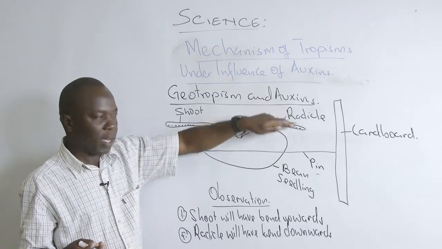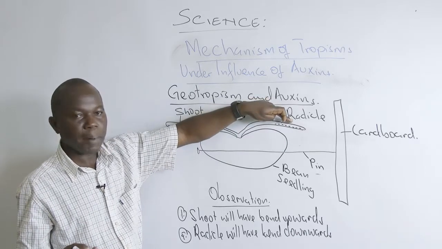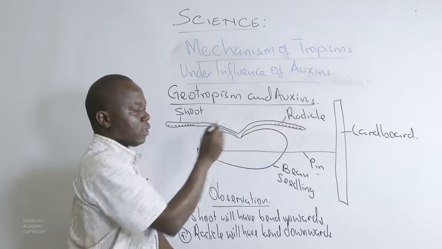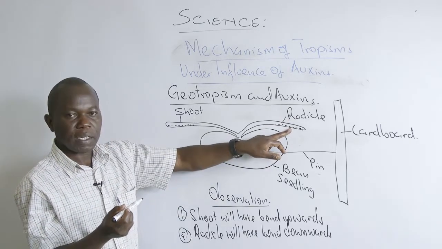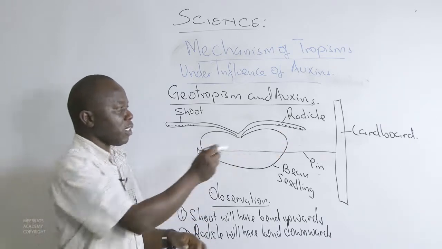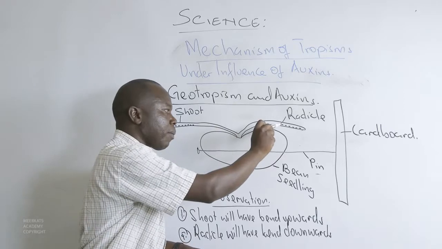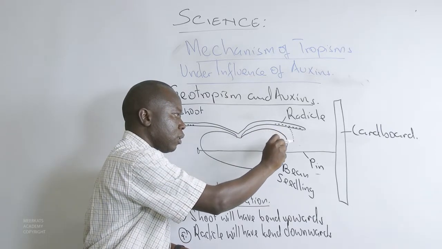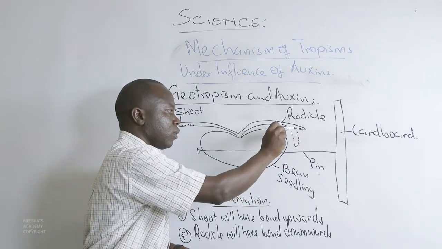So when we have inhibited cell elongation at this point, it means the upper part of the radical will have a higher rate of cell elongation than the lower part. When this part has a higher rate of cell elongation than this side, what will happen? This is going to bend downwards as it continues to grow.